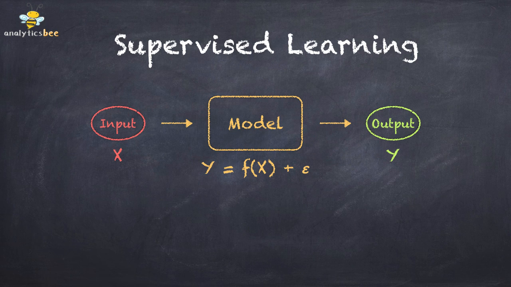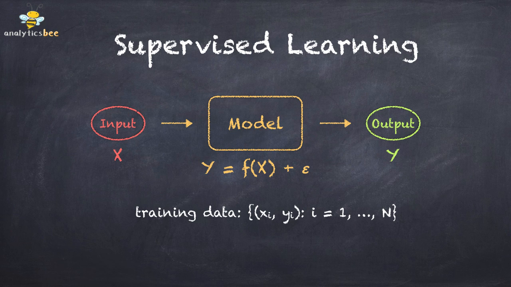This can be accomplished using a training data set which consists of paired observations for input variable x and output variable y. Model training involves iteratively refitting the function approximation for f of x based on how far the current value for f of x misses the target variable y.